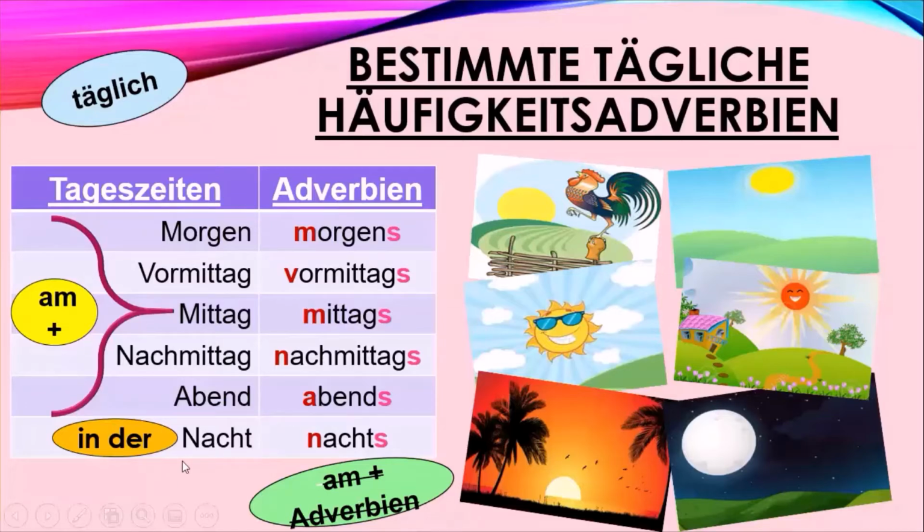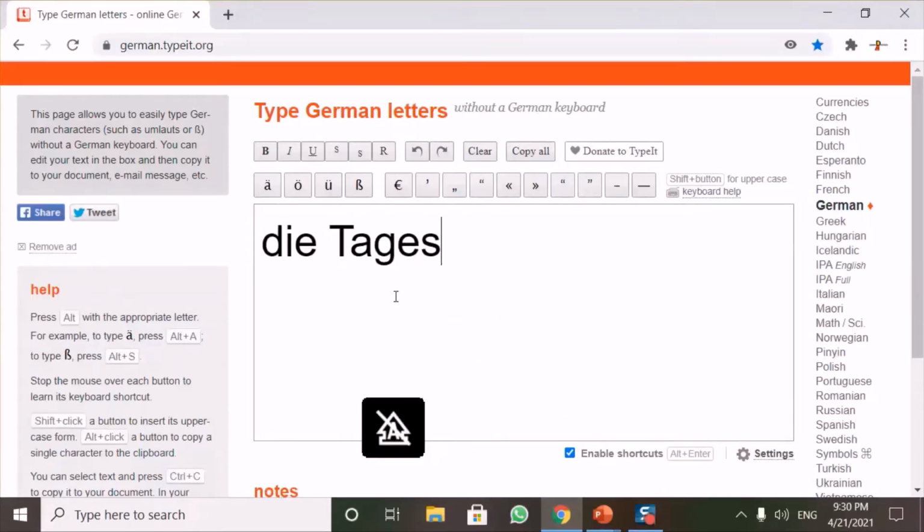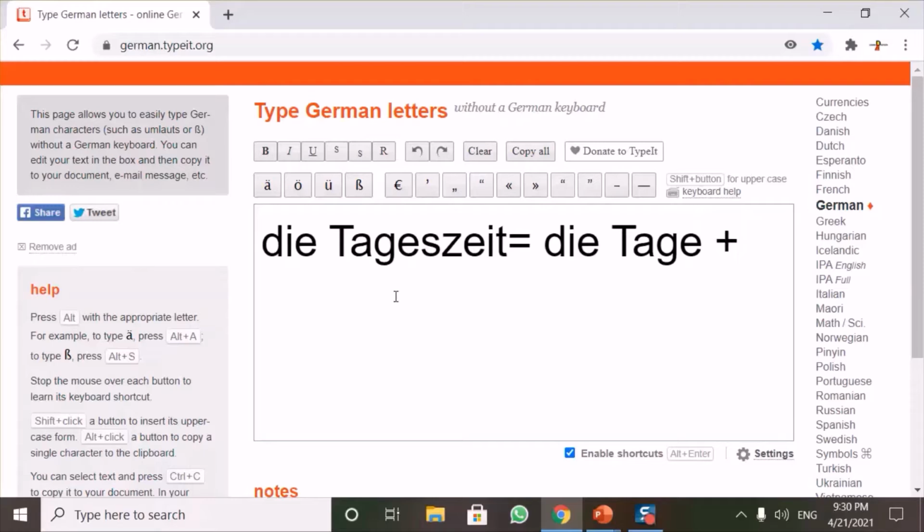Now, time of the day in German is die Tageszeit. A compound noun which is made up of die Tage, which are days. Singular form is der Tag.